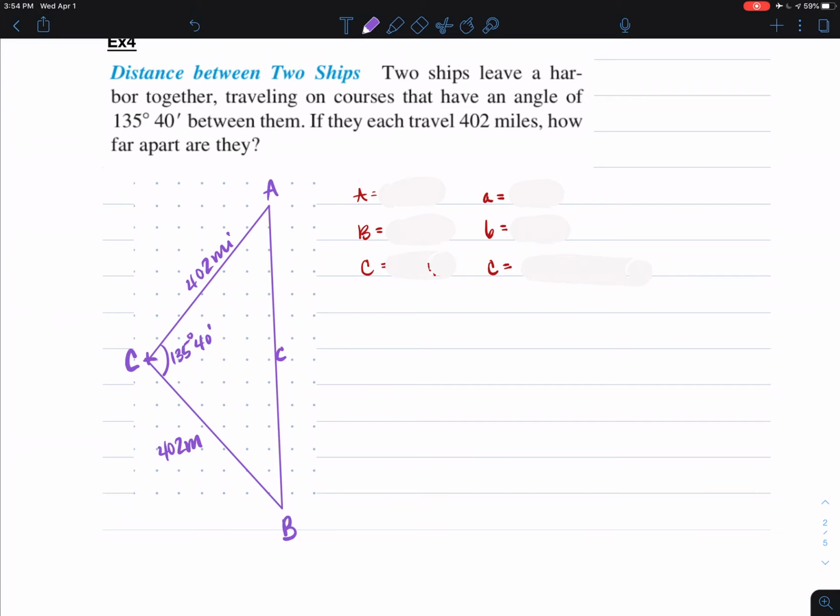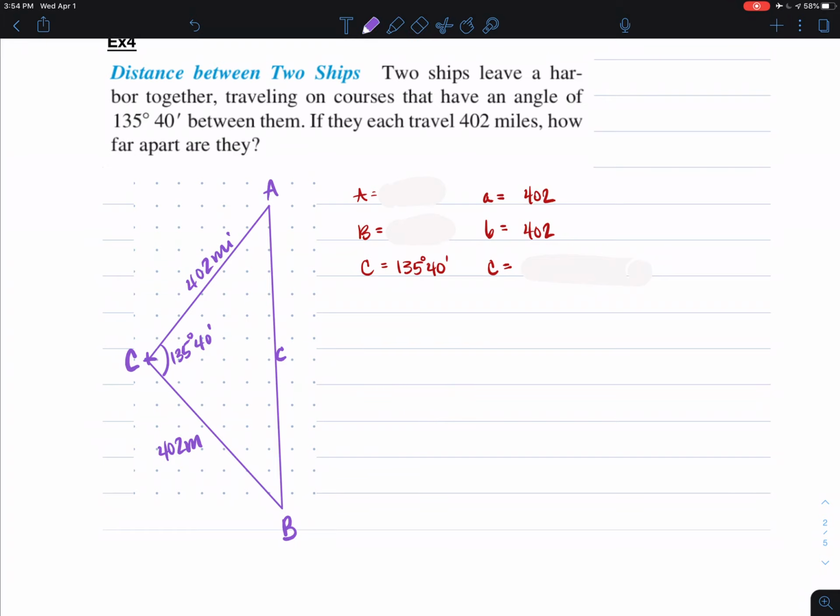Now there's a couple of ways that you can do this. One thing that comes to mind, and let me go ahead and unhide some of my information here. All of that was given. One thing that you notice, since this is an isosceles triangle, you know that angle A and angle B have to be the same measure.